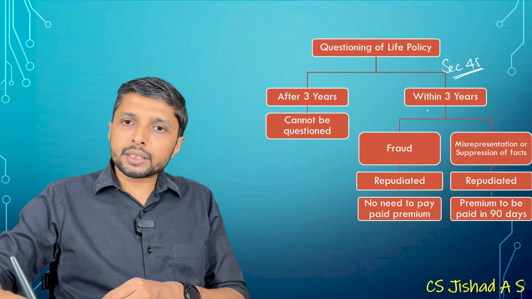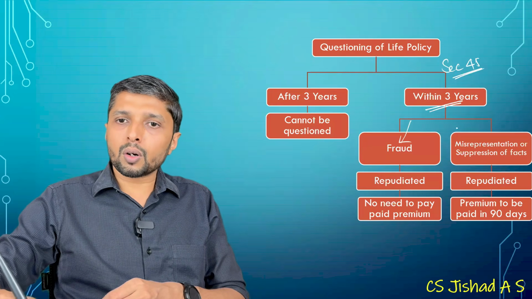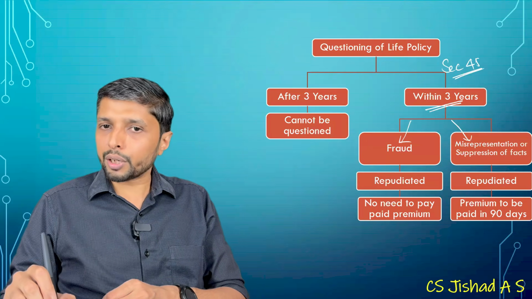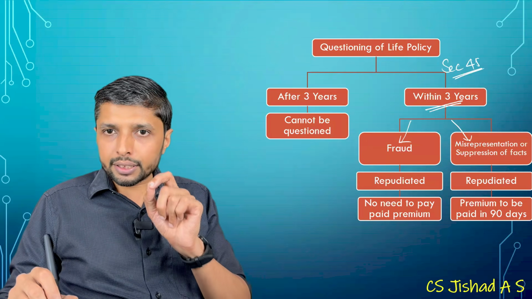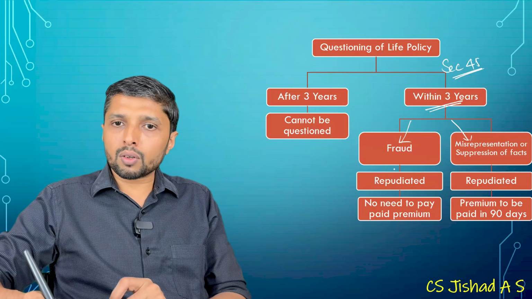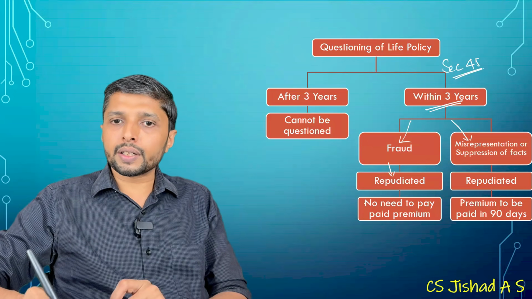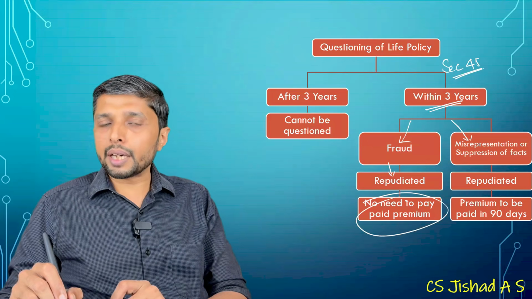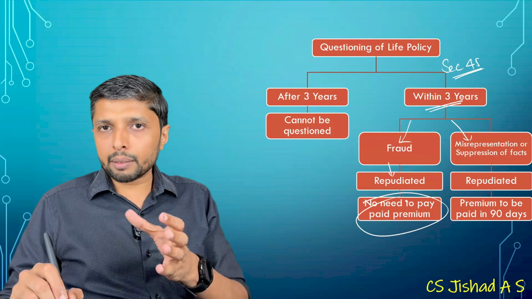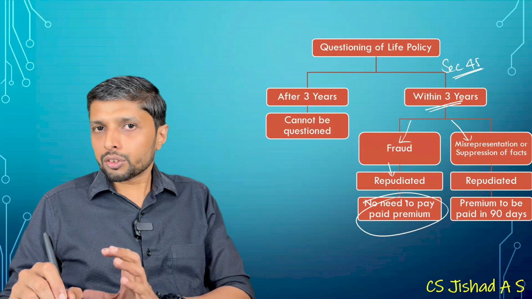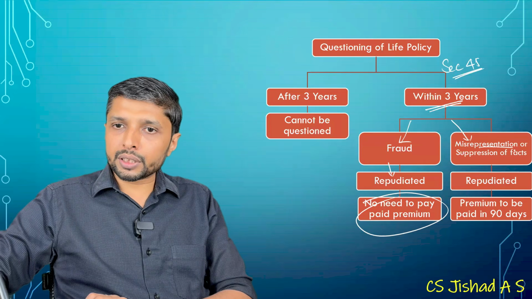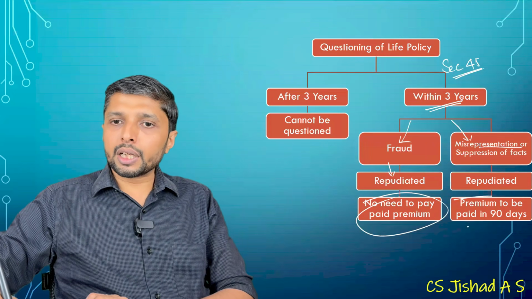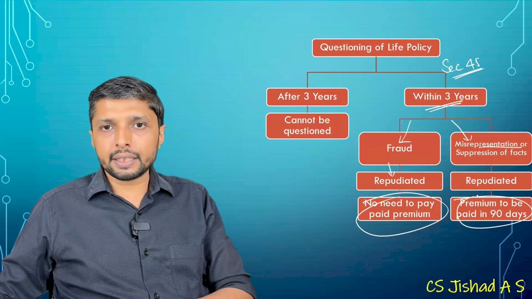So it can be questioned within 3 years on the ground of fraud or misrepresentation or suppression of fact. If it is questioned within 3 years on the ground of fraud, it will be repudiated. There is no need to pay the paid premium. The company need not pay the paid premium to the policy holder, but in case of misrepresentation or suppression of fact, the premium will have to be paid in 90 days.